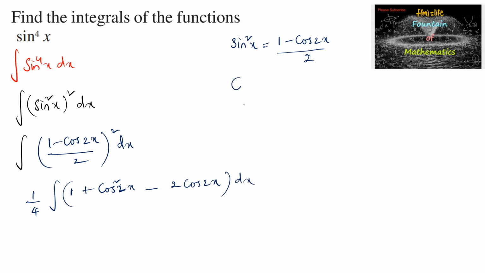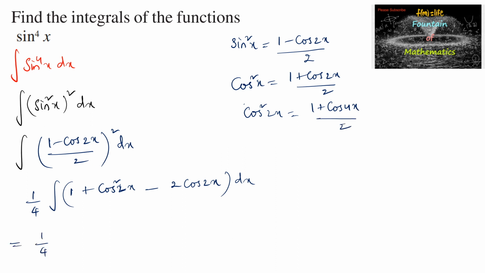And also we can write cos square x is equal to 1 plus cos 2x upon 2. So by using this we can write cos square 2x is equal to 1 plus cos 4x upon 2. So here I can write 1 upon 4 times integral 1 plus 1 plus cos 4x upon 2 minus 2 times of cos 2x the whole dx.